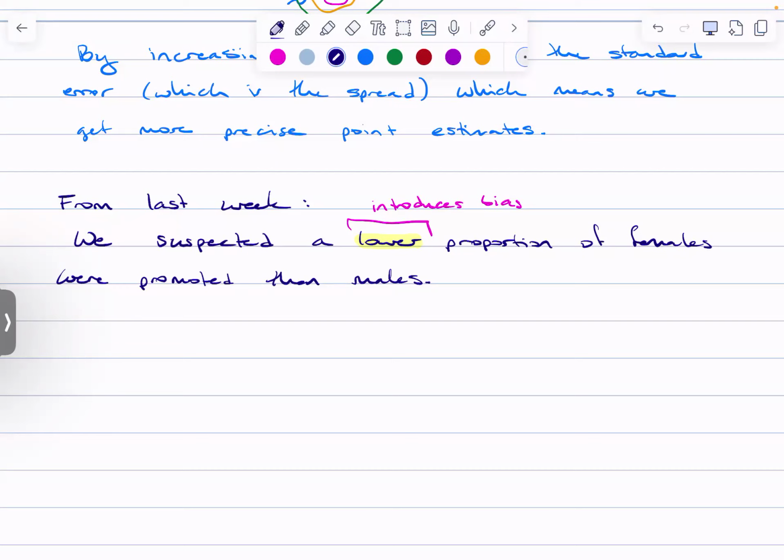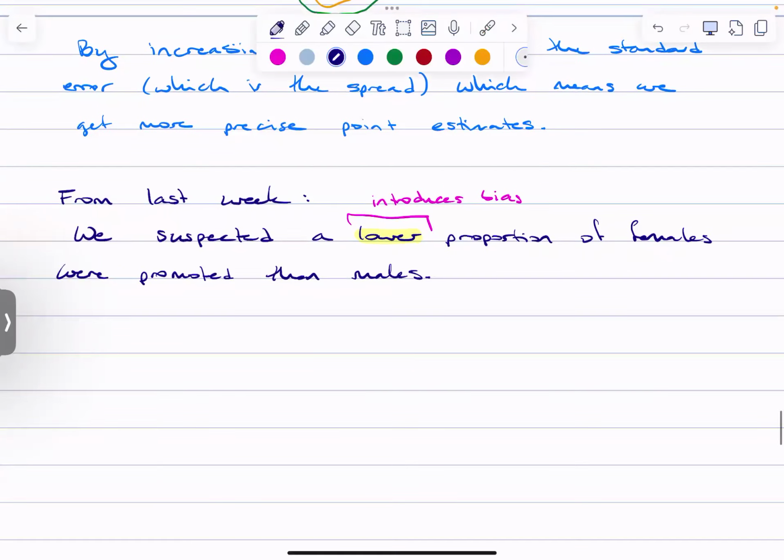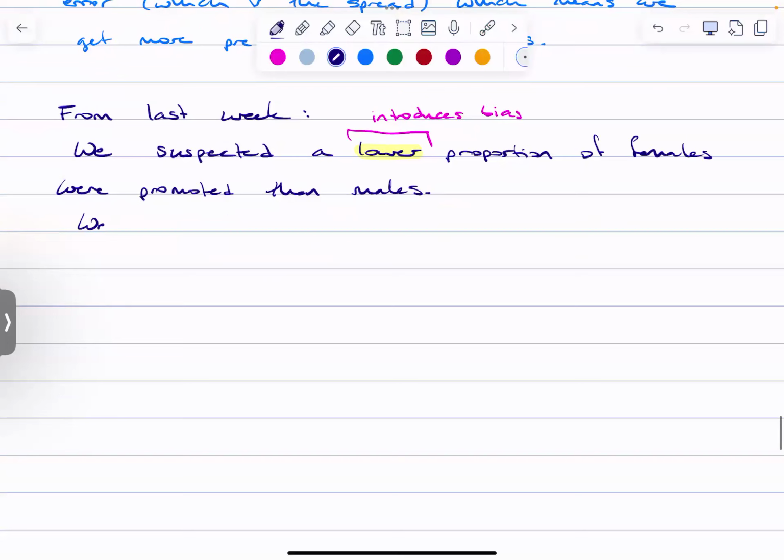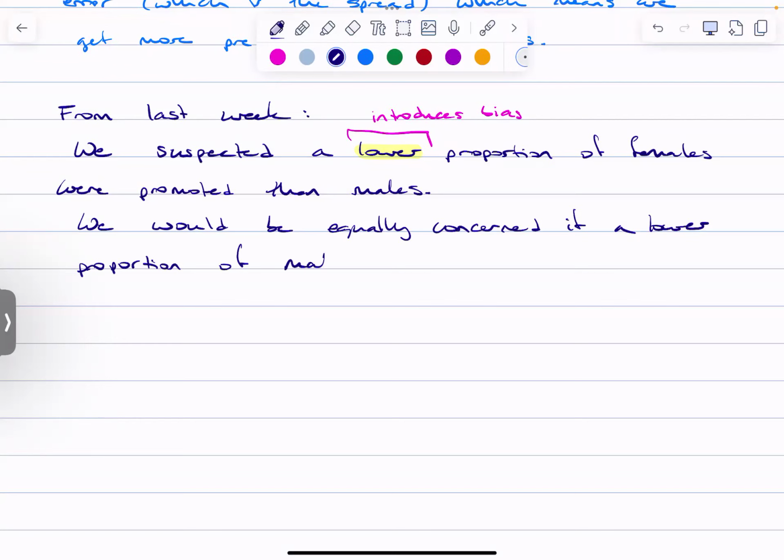So not just if a lower proportion of females get promoted, we would also be equally concerned if a lower proportion of males were promoted.